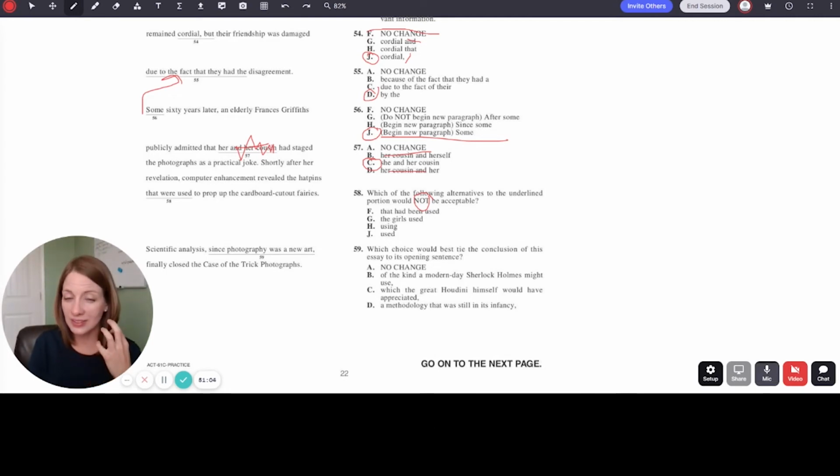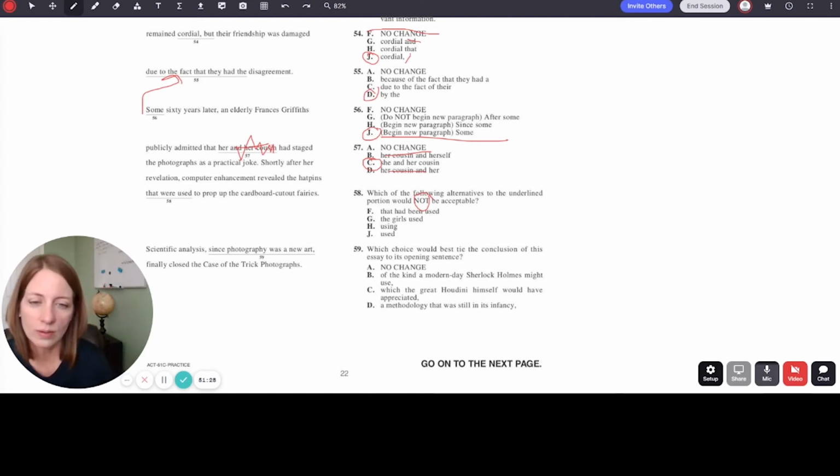Okay, I'm struggling here. "Computer enhancement revealed the hat pins that were used to prop up." Okay. So that one's fine. Which of the following would not be acceptable?